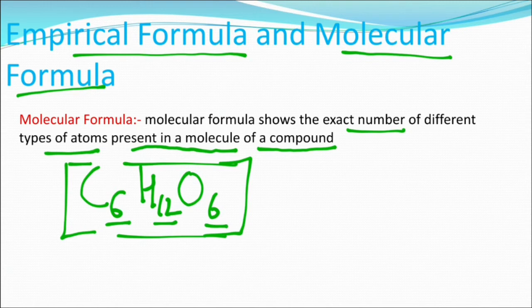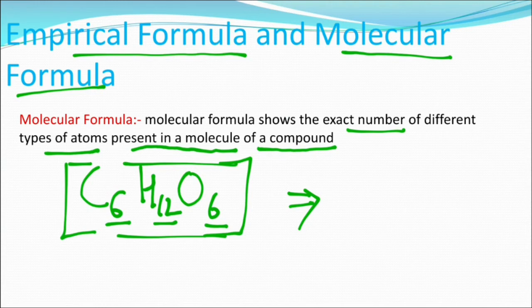That means in the molecular formula, we represent the exact number of atoms present in that molecule, right? So this is the molecular formula. Now what is empirical formula? Empirical formula is the simplest whole number ratio of the atoms.